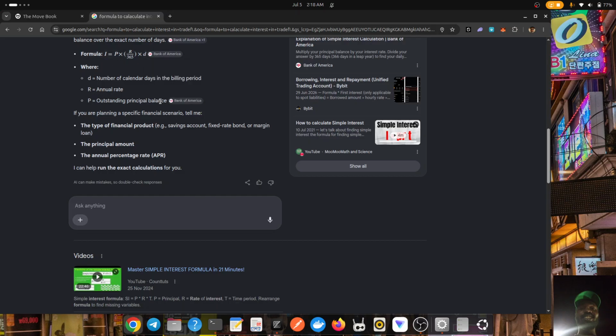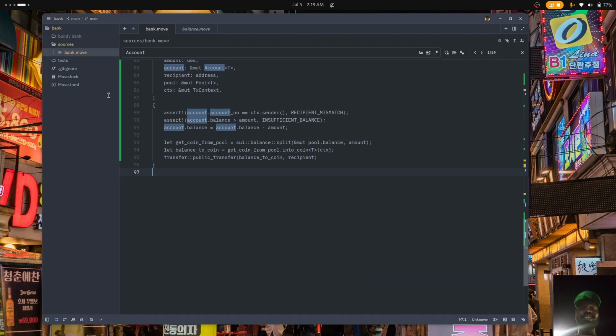So the standard: principal times annual rate times number of calendar days in the period. Number can be like 30 days, right? So let's give interest, let's round it out to span just 30 days, right?